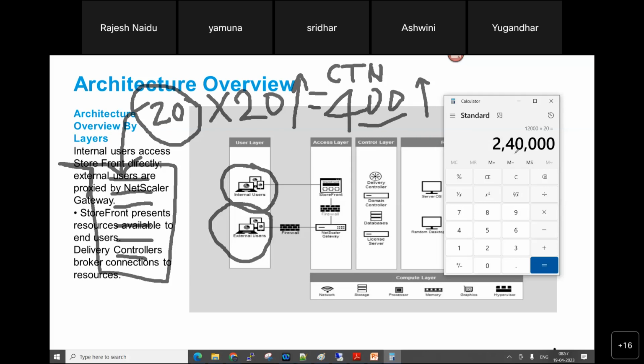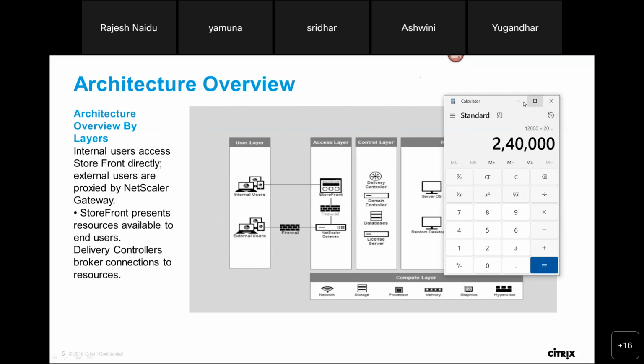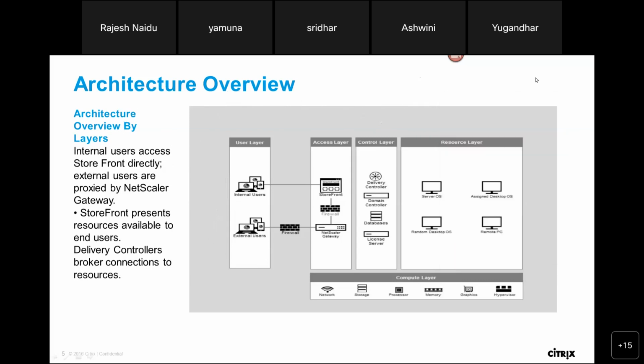So to avoid this license cost and this management cost, nowadays we are using Citrix technology. We are maintaining the application servers and desktop servers, the server operating system, the physical systems, and the desktop operating system.